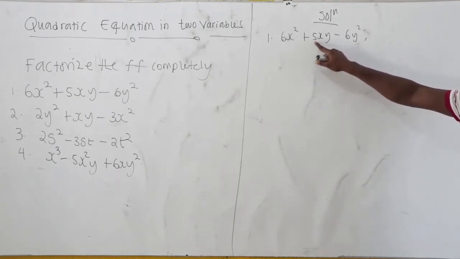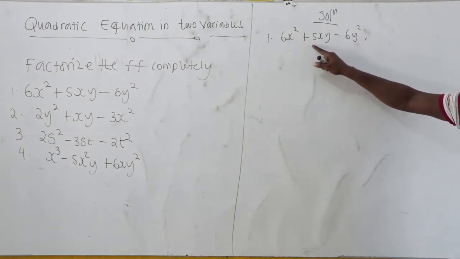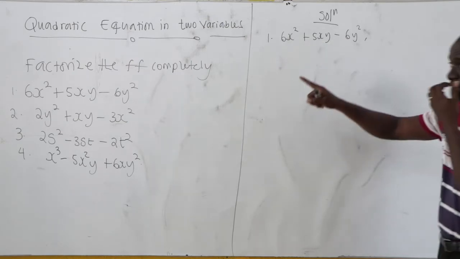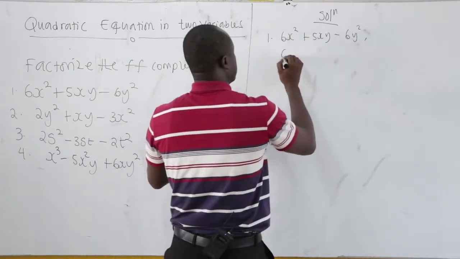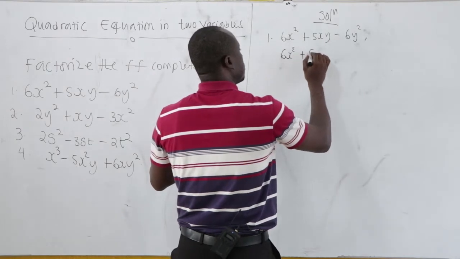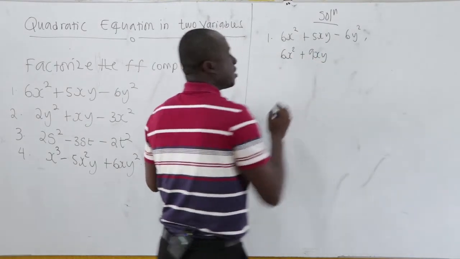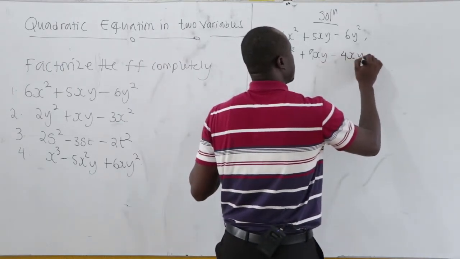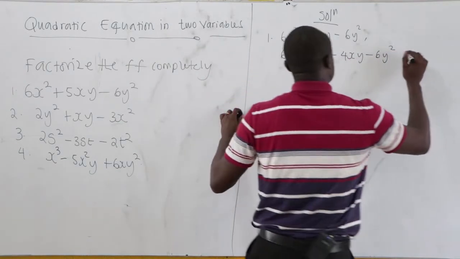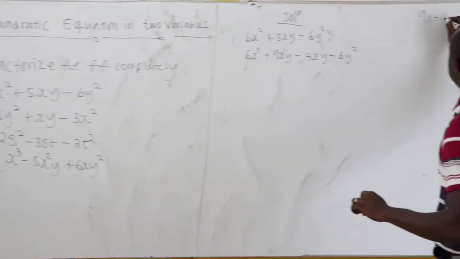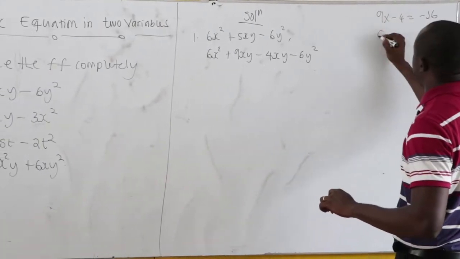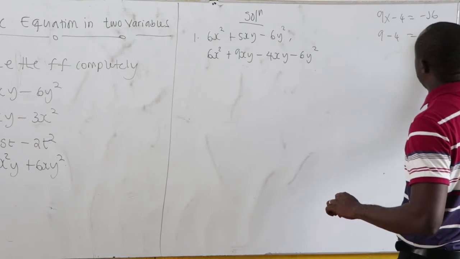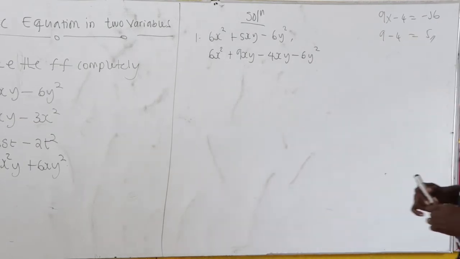Negative 36 and 5, that will be negative 4 and positive 9. So we have 6x squared plus 9xy minus 4xy minus 6y squared, because 9 times negative 4 is negative 36, and 9 minus 4 is positive 5.